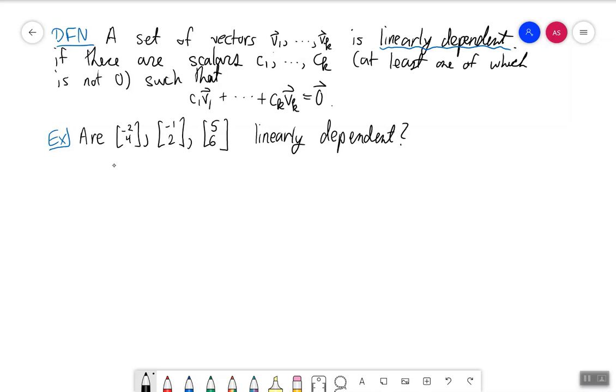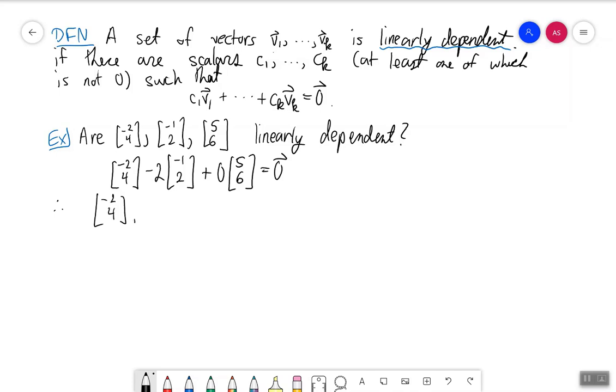Well, I can write this as (minus 2, 4) minus 2 times (minus 1, 2) plus 0 times (5, 6) equals the 0 vector, because minus 2 plus 2 plus 0 is 0, and 4 minus 4 plus 0 is 0. So therefore, the vectors (minus 2, 4), (minus 1, 2), and (5, 6) are indeed linearly dependent.